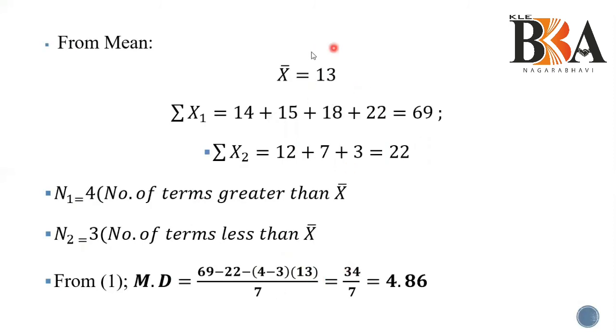The mean value is 13. Divided by 7, that is n, the total number of terms. Multiplying and subtracting, you get 34 divided by 7, that is 4.8. This is where you can use a direct formula to find the mean deviation.